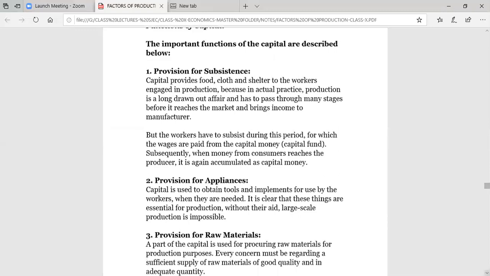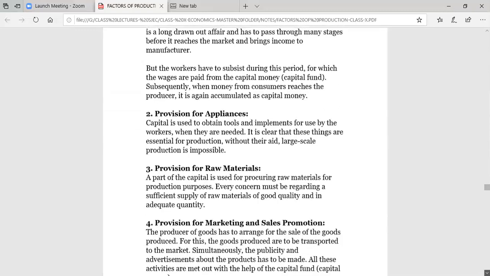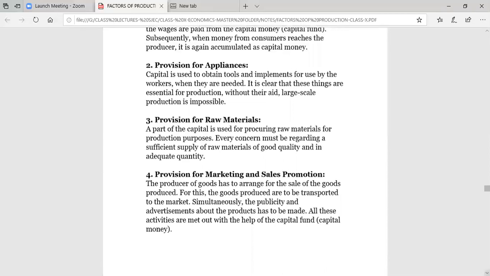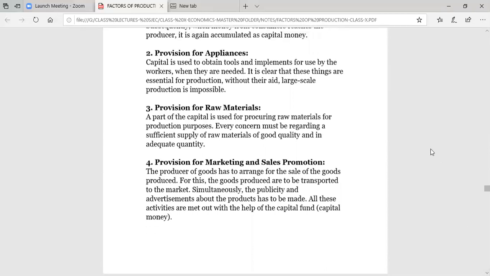Next, provision for appliances. Capital is used to obtain tools and implements for use by the workers when they are needed. It is clear that these things are essential for production. As I mentioned, capital includes machinery, equipment, and everything.